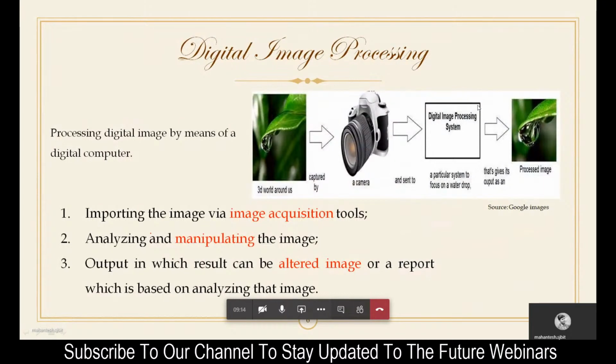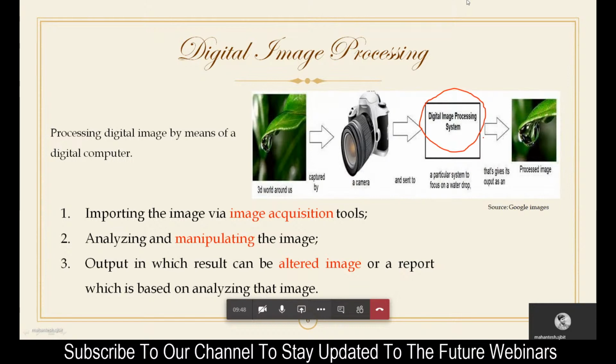And this is a simple image or a blocks which we are trying to explain. And in digital image processing, we try to import the image using image acquisition tools. Here I have made use of a simple camera to acquire the image, and I've used a couple of algorithms. I call it as a digital image processing system, which processes the image which has been acquired in a 3D world around us.